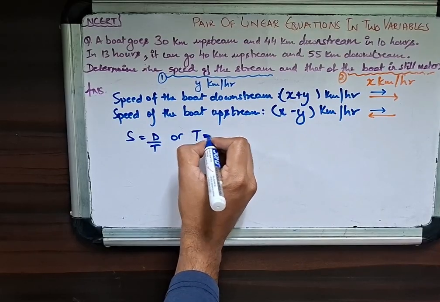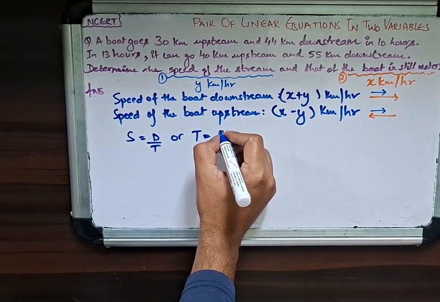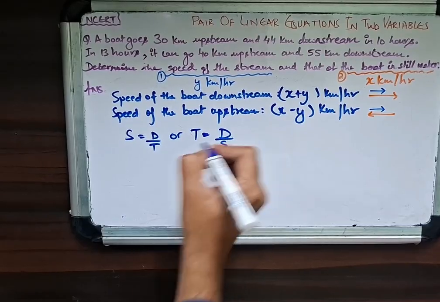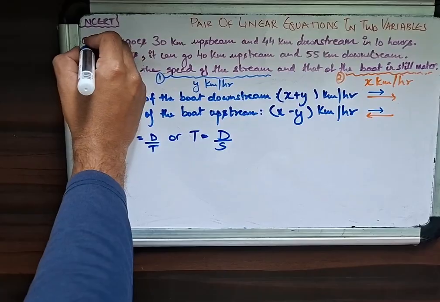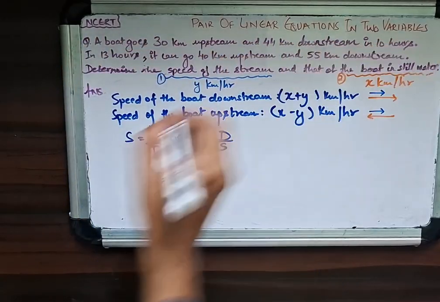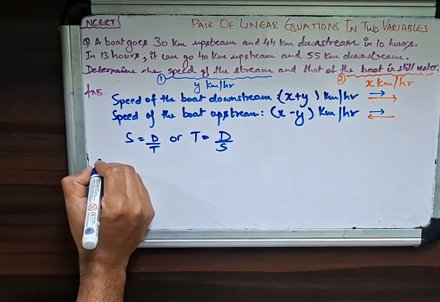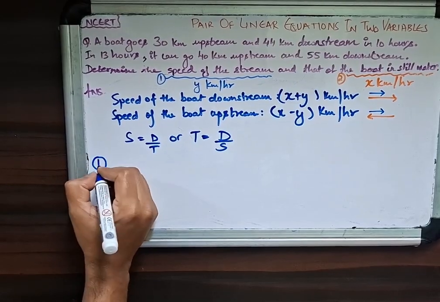So T is equal to distance upon speed. So let us consider the first statement and form a linear equation corresponding to it.